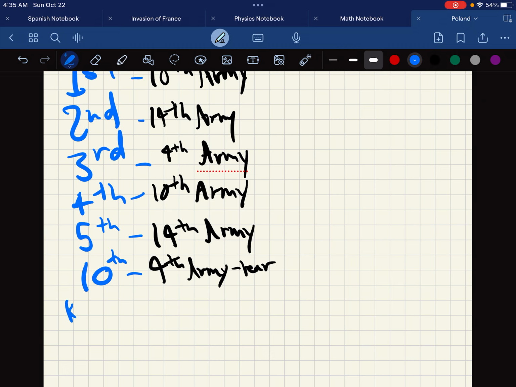And then there was also another one with a name, Panzer Division Kempf, also undersized, and this one was in the 3rd Army. And this was attacking from East Prussia.